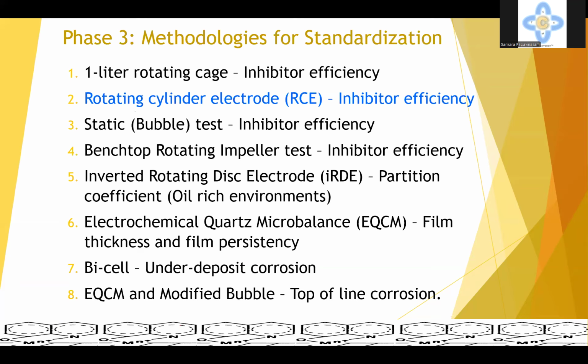In webinar 2, I briefly went over the 1 liter rotating cage, why we need to develop a standard test method on the 1 liter rotating cage. In this webinar, I will focus on the rotating cylinder electrode, why we have taken up this issue in our JIP, what are the contributing factors for this RCE, as well as some of the challenges.